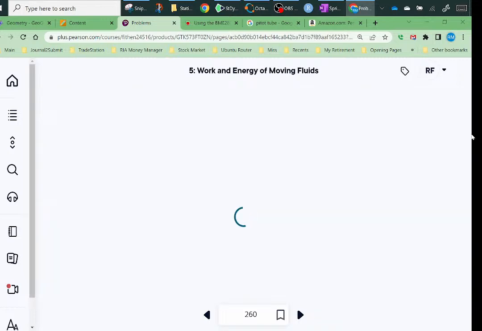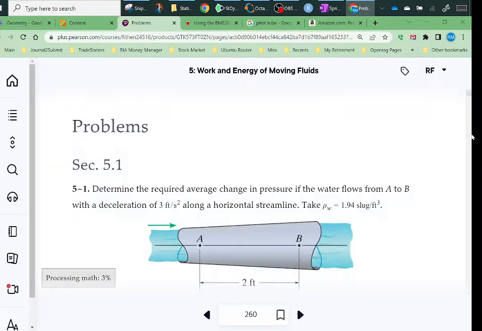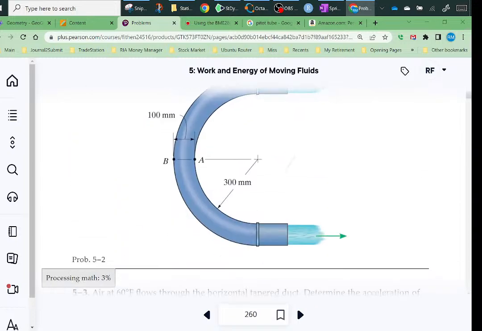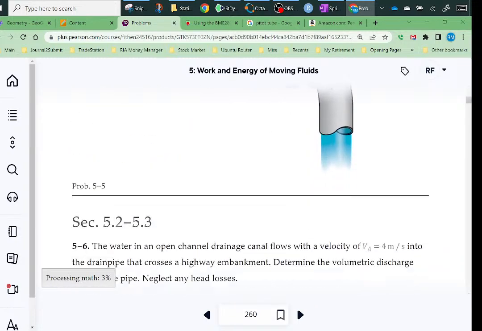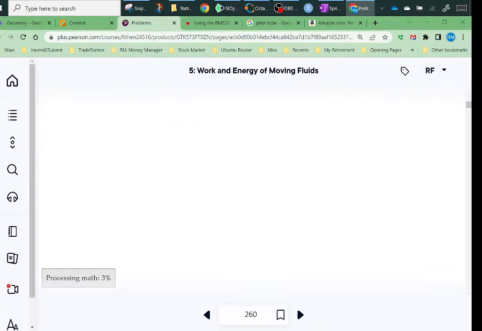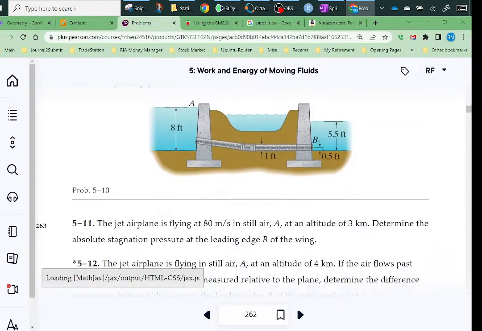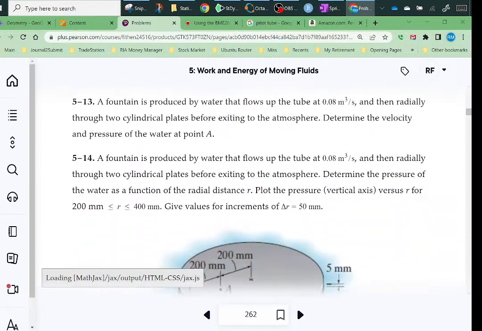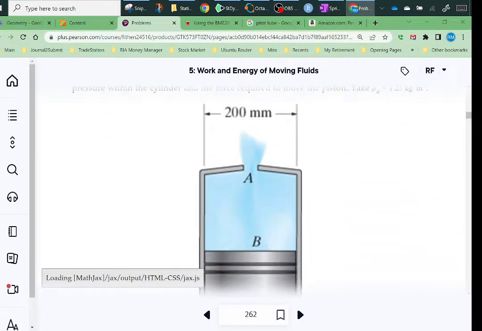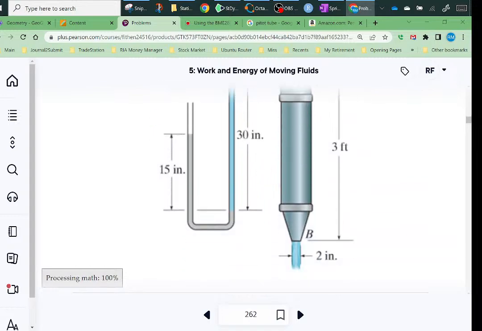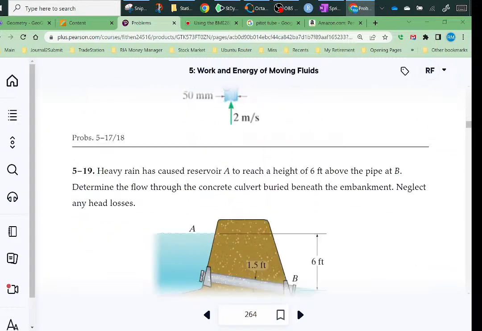He is including head loss and head gain. Is there any pumps in here? Well, we'll just go through a bunch of them.